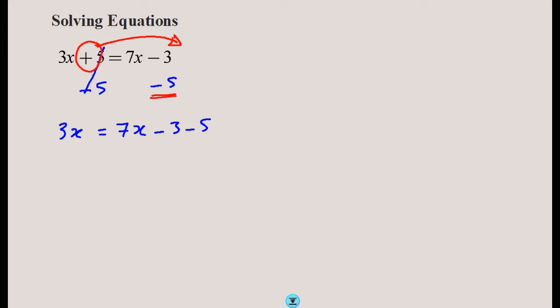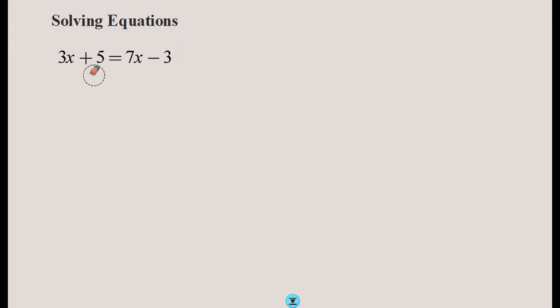What we can do instead is realize that if you want to move, as it were, a constant from one side to the other, you change its sign. If you want to move an x term from one side to the other, you change its sign. So your objective in solving this kind of equation is to put the x's on one side and the constants on the other.